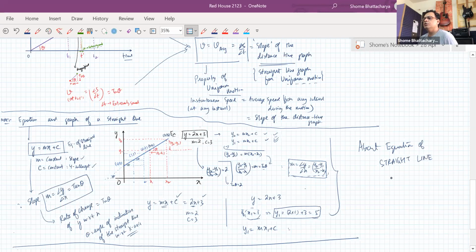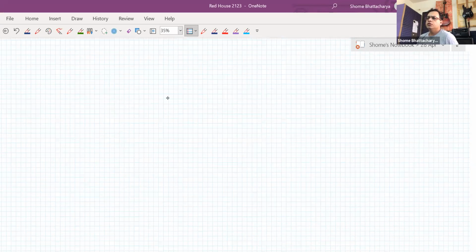Which is basically coordinate geometry. Okay. Now let us come to a situation where we are looking at distance versus time for a non-uniform motion.